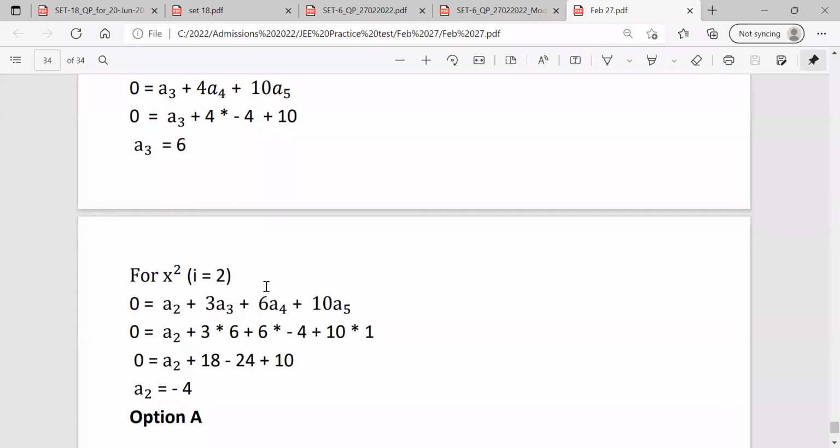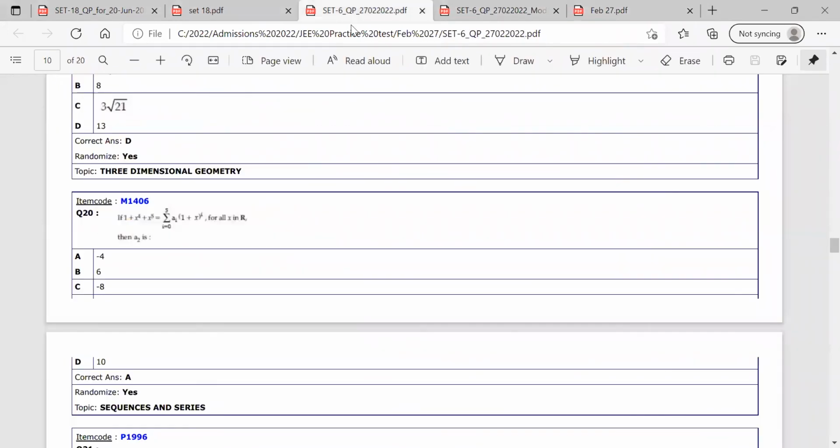We have the values of all these terms except A2: A3 is 6, A4 is minus 4, A5 is 1. Just substitute these values and solve, and you get the value of A2. The value of A2 here is minus 4. Now we can check this among the options, and the correct answer for this question is minus 4.